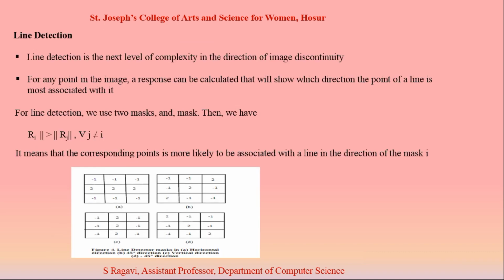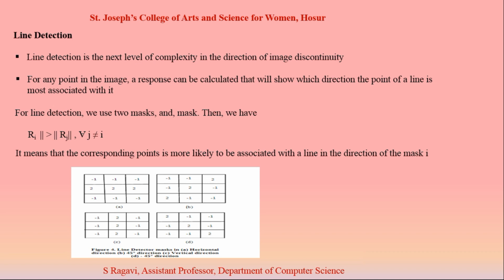Next comes line detection. Line detection is the next level of complexity in the direction of image discontinuity. For any point in the image, a response can be calculated that will show which direction the point of a line is most associated with.